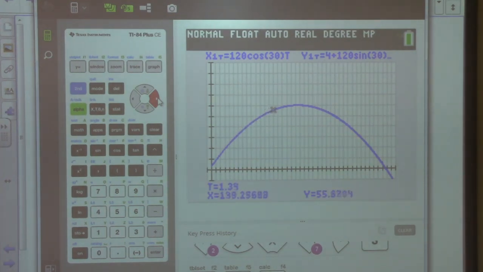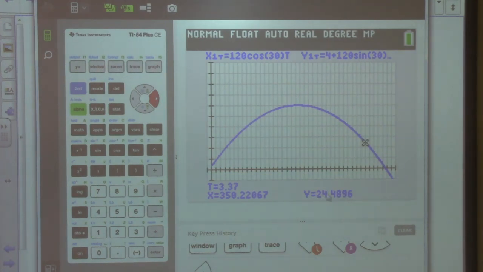Right here, at the very apex, we're at a little over 60 feet in height. So we're going to 350. We're getting close to 350 right here. So that's about as close as we can get.